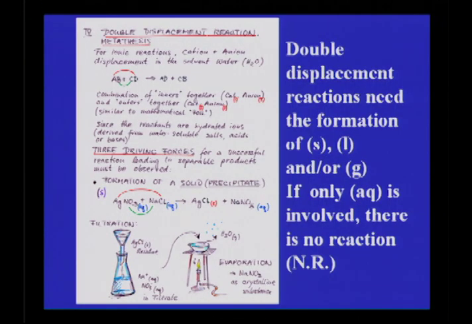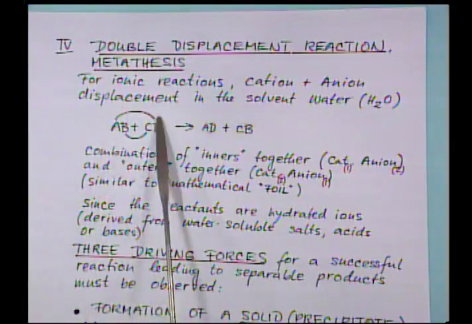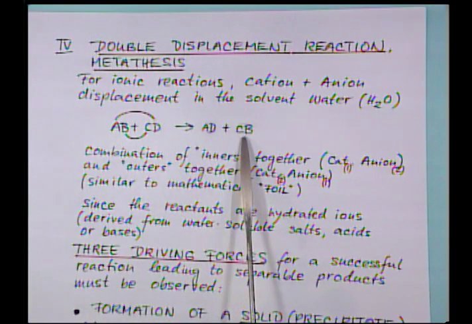The next, fourth and final type of reaction is double displacement. Here we see that the general idea of this reaction is AB plus CD, or cation anion 1, cation anion 2, will displace each other doubly so that the outers will combine and the inners will combine to AD and CB.